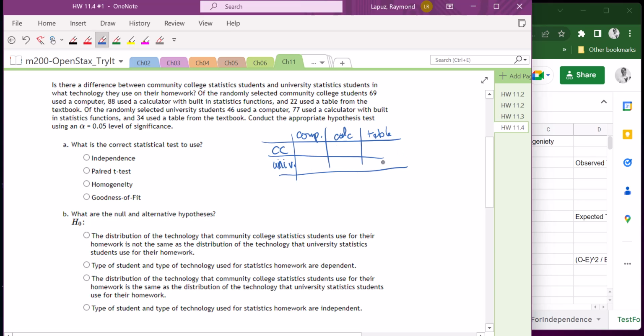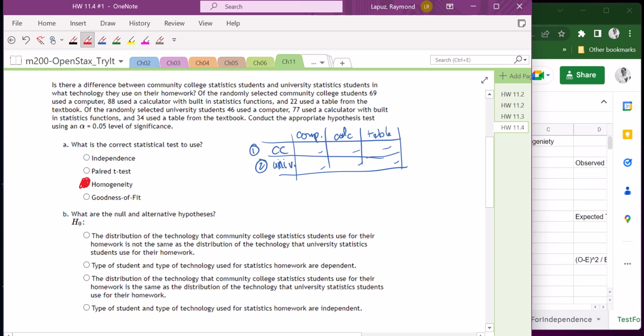So I think this is a setup for a test where there are two different populations that we're considering, and we want to know if the distribution between these two populations are generally the same. And that is a test for homogeneity. So let's select that for the first slot.